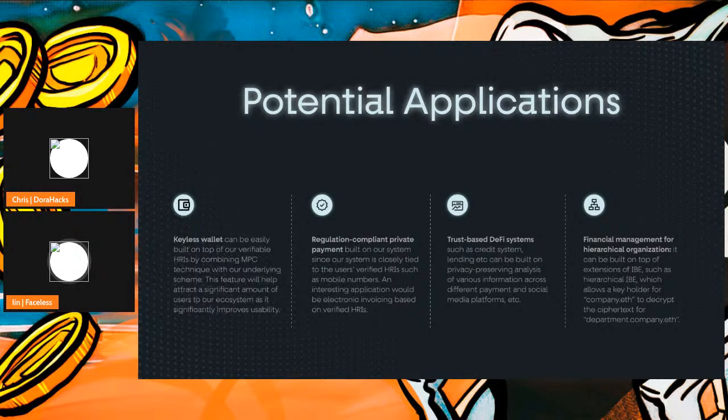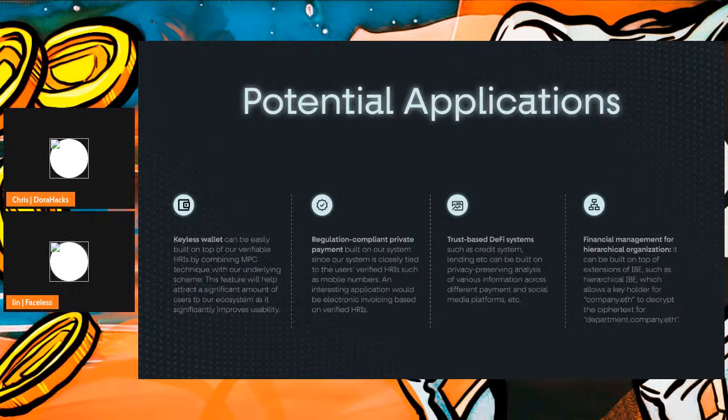As long as you can log into any of these systems and verify your identity, you verify you are the master of this particular wallet, and you can control all these HRI accounts of yours, right? So we believe this feature will help attract lots of users to our ecosystem, because it significantly improves the usability of crypto wallets, right?